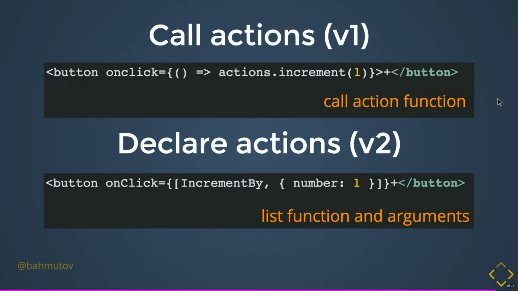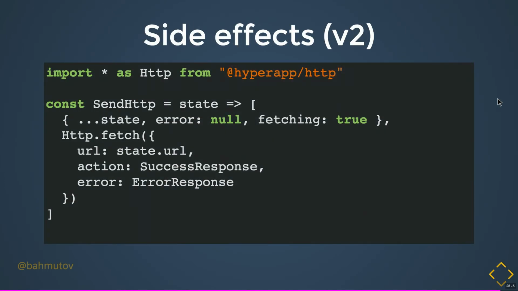And because you're not doing it yourself, but you're saying, here's what I want you to do, behind the scenes Hyperapp can, for example, intercept those, stop those, create middleware that runs before the action, after the action. Because now it calls the action. Okay? So it's a big change, but it allows a lot of interesting things.